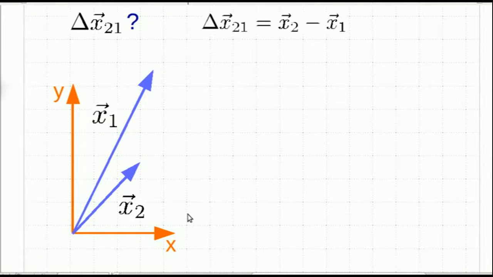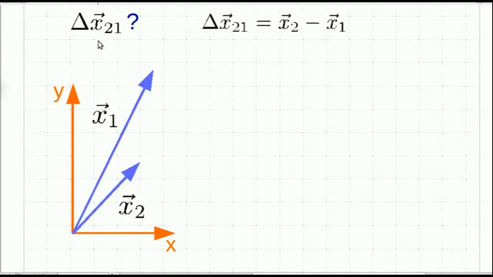So let's just see graphically how this works out with getting a displacement vector. We know that displacement is defined as a change in position, so it's a final minus initial. So let's say we have some final position here, x2, and some initial x1, and so by definition our displacement is x2 minus x1. And let's see what delta x21 looks like.